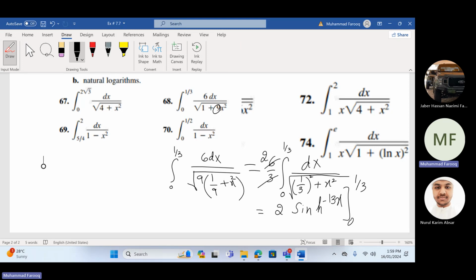The lower limit gives 0, because sinh inverse of 0 is 0. So no need to waste time on the lower limit. Only substitute 1/3, which makes it 1. So the answer is 2 sinh inverse of 1. Same answer as before, only with the extra 2.